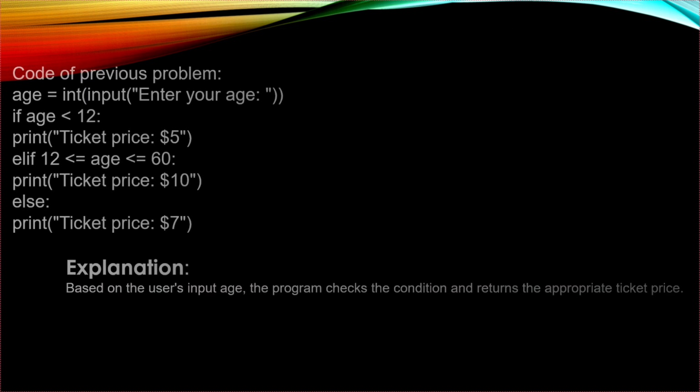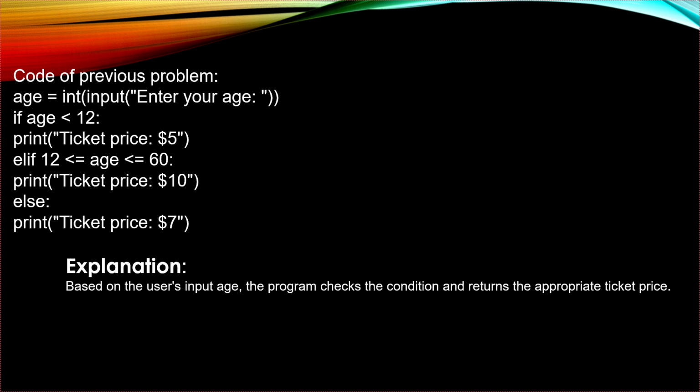Age, we will enter a value that is an integer input, enter your age. If age is smaller than 12, we will print ticket price is $5. Elif, we use elif here for complex programs.